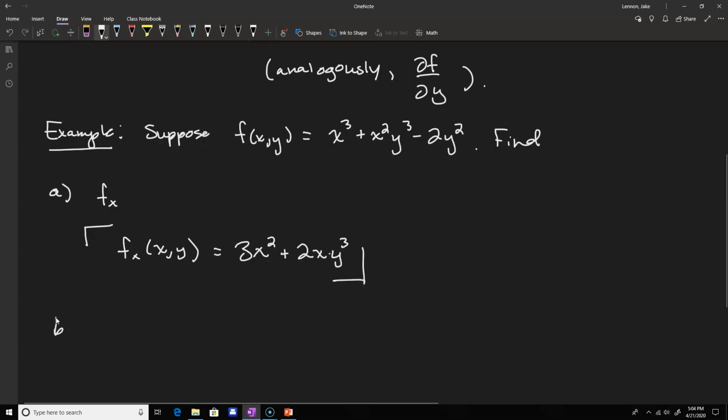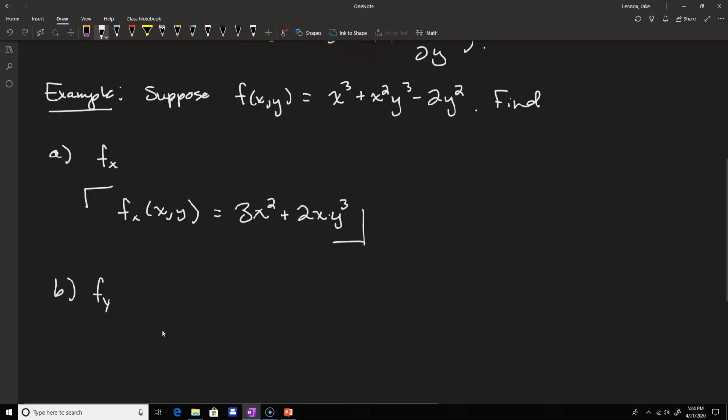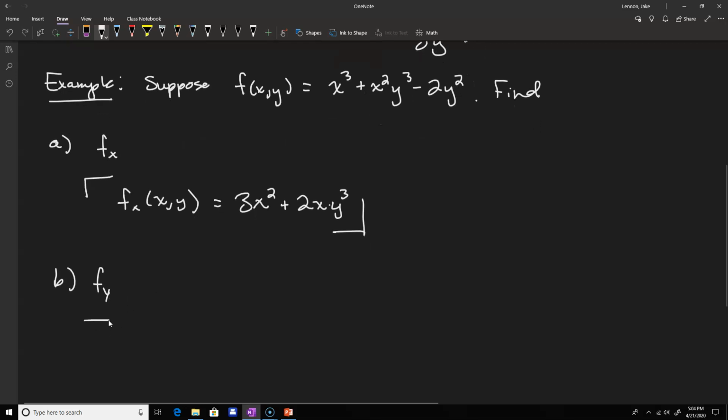B, we could also get the partial derivative with respect to y. So now you do the same thing, but we're treating y as the variable rather than x. So we have f sub y of x comma y.